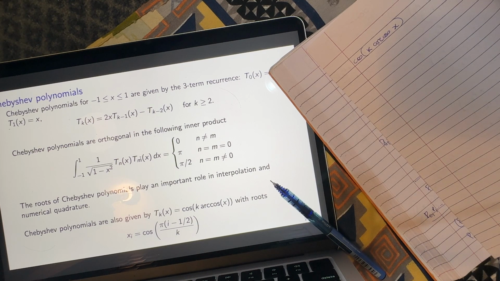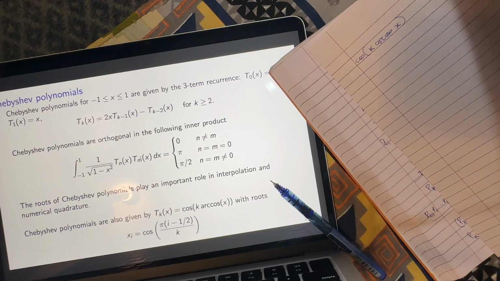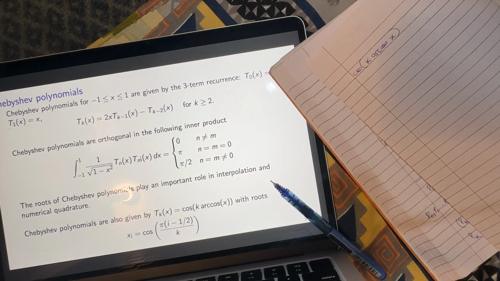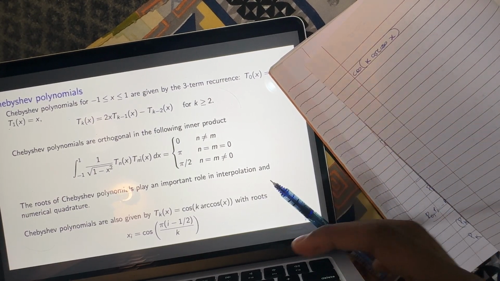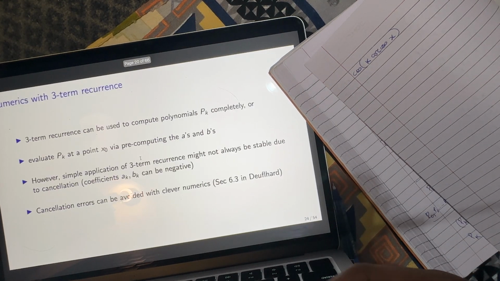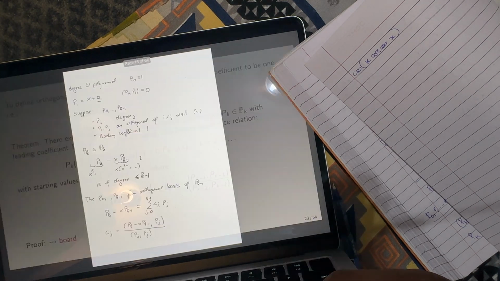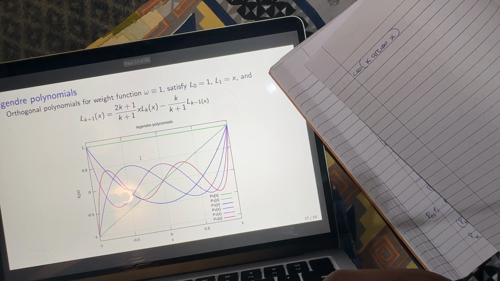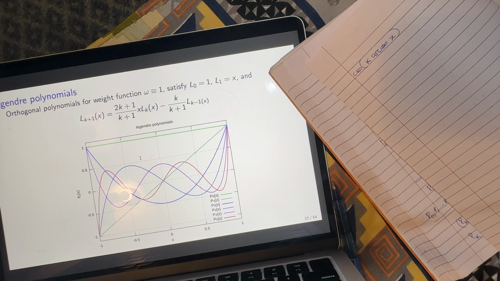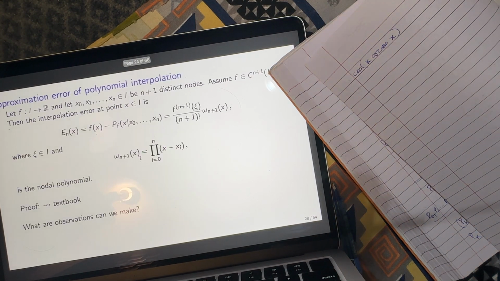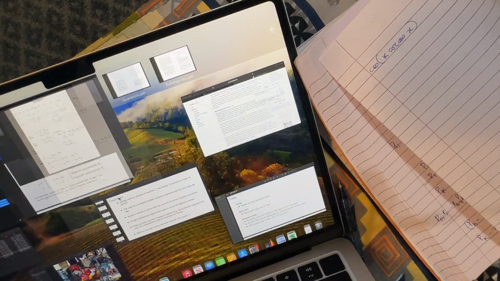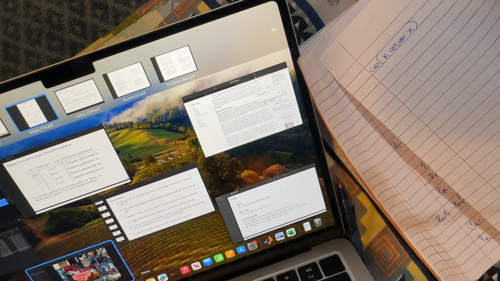I want to ask this question. Chebyshev notes.